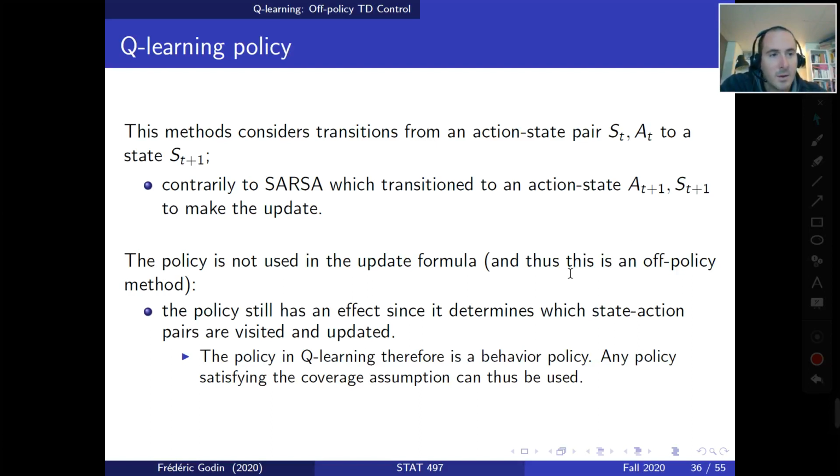So this means that in theory, any policy can be used in Q-learning to generate your episodes as long as it satisfies the coverage assumption, which is that all state action pairs are sampled with probability greater than 0, so eventually they will appear an infinite number of times within your episodes if the number of episodes converges to infinity.